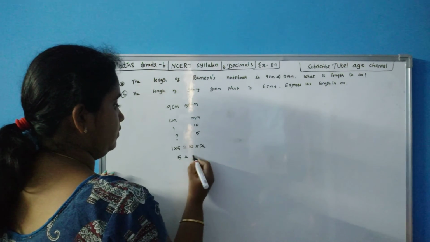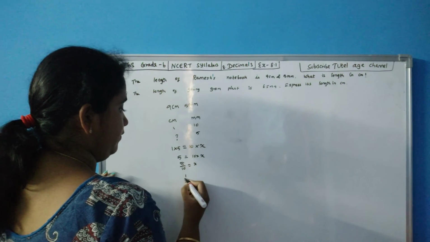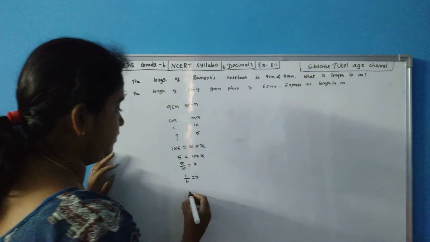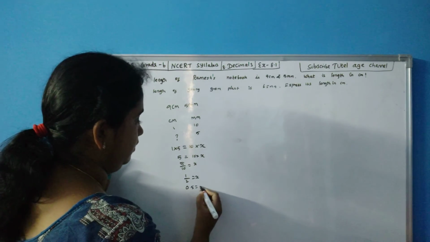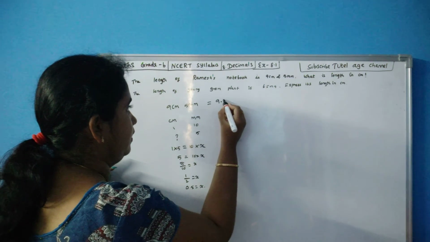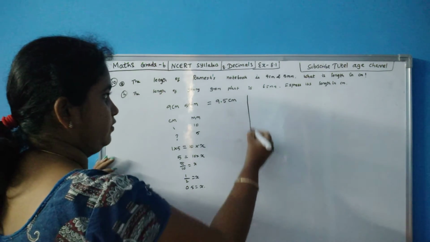So 5 is equal to 10 into x. 5 divided by 10 is equal to x. So x is equal to 1 by 2, that is 0.5. So we can write it as 9.5 centimeter. This is your answer for the A sum.